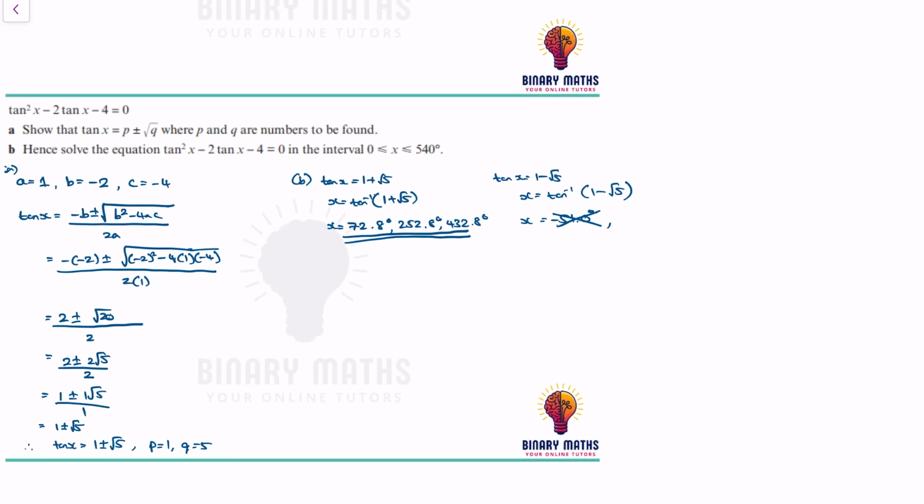So we need to add 180 to minus 51.0 to get the first value, which is 129.0 degrees, which is in our range. Add 180 again, so you get 309.0 degrees. If you add 180 again, you get 489.0 degrees. The last one is going to be greater than 540, so you don't have to worry about that one because it's outside the range.